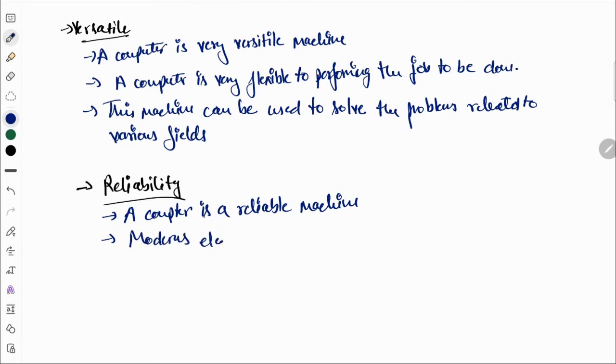It means they can be used for a long term.